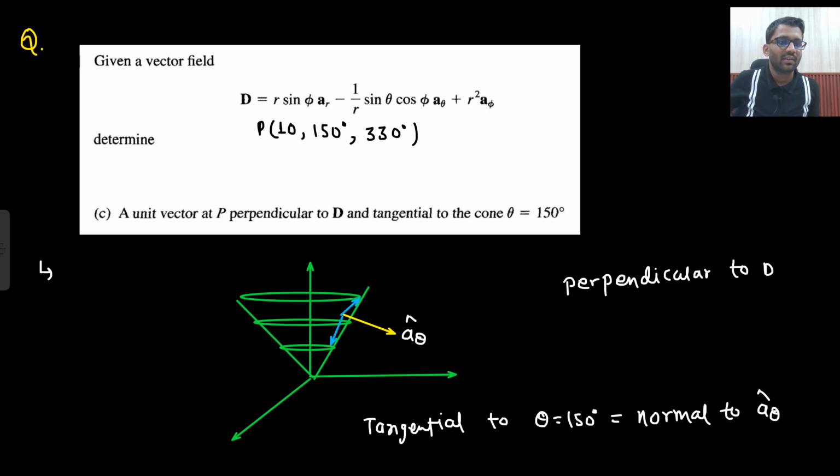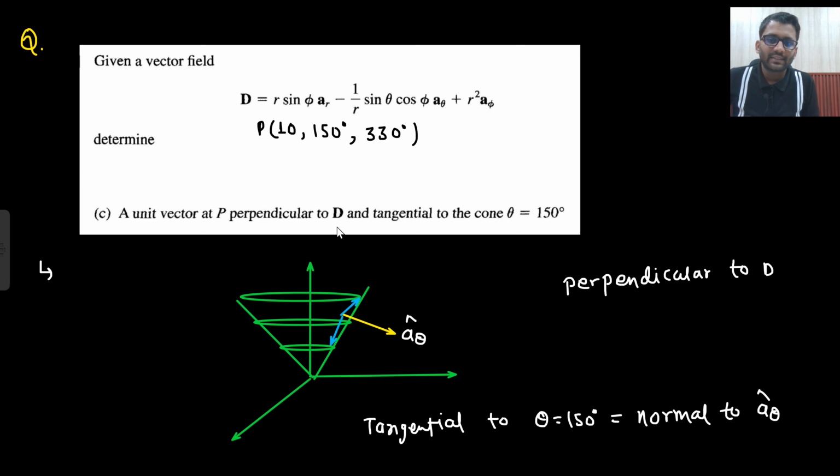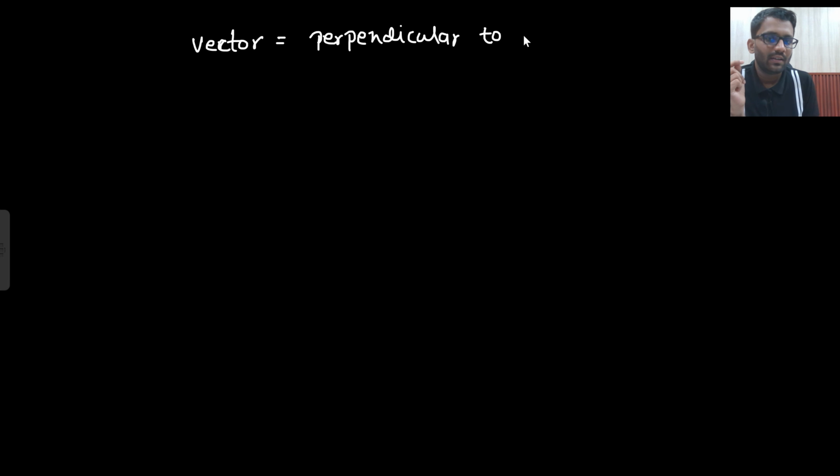So what am I getting? My vector is that vector that I need to find. A unit vector that is perpendicular to D as well, perpendicular to D and a theta.